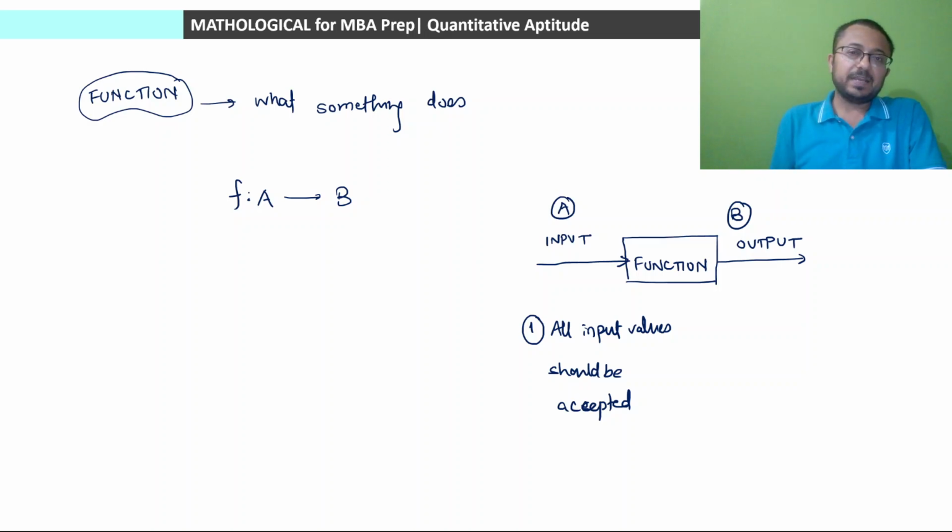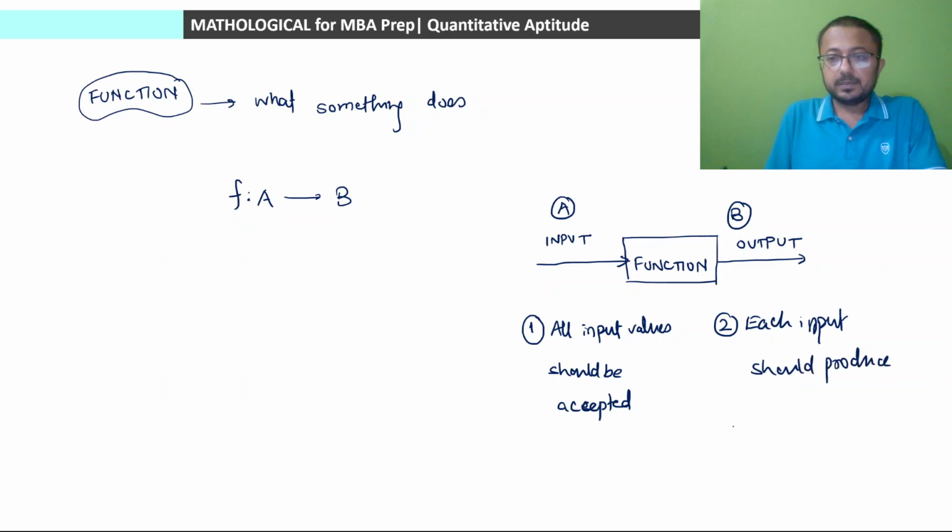That is what it implies. And the second condition is that each input should produce exactly one output.